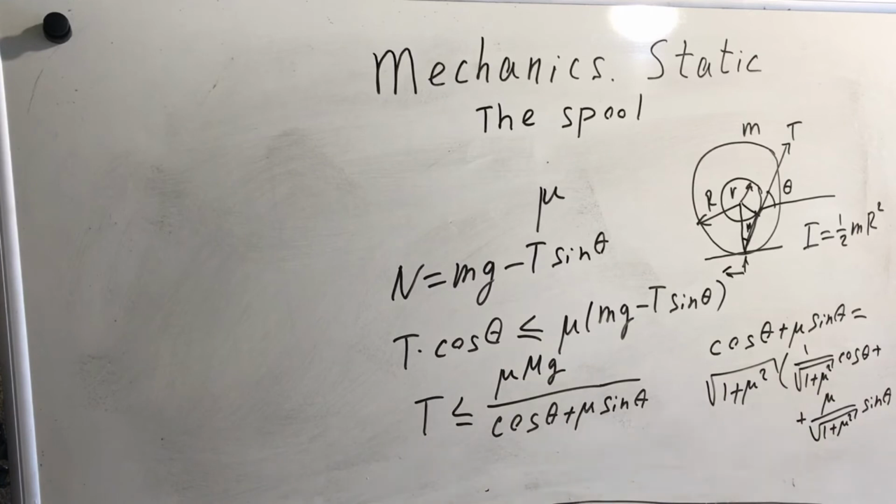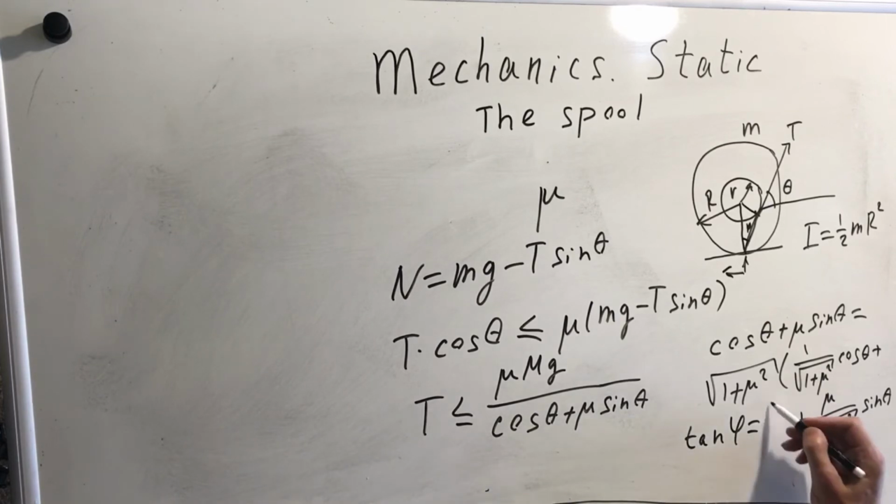And this is exactly the formula for sine of theta plus, let's say, alpha. Suppose that this is some kind of sine and this is some kind of cosine for some angle. It means that the tangent of this angle phi equals 1 over mu.